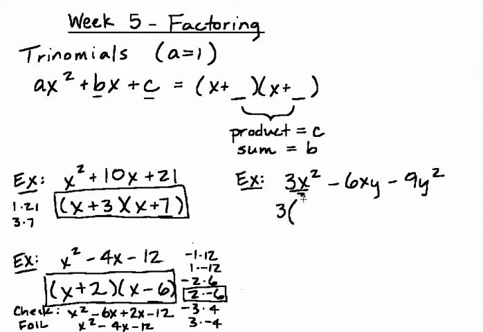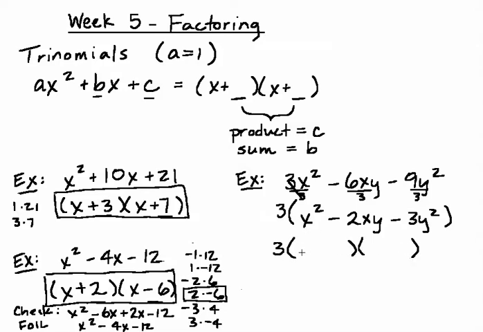So we are dividing each term by 3, and then write what we have left over after we divide inside parentheses. That's x squared minus 2xy minus 3y squared. And then we can continue to factor by breaking this into two parentheses, leaving the 3 on the outside.